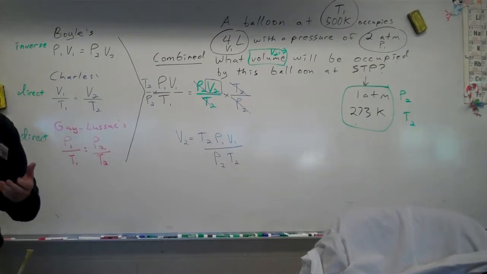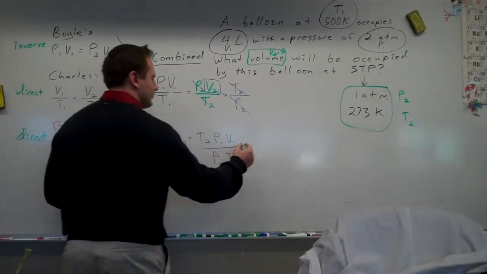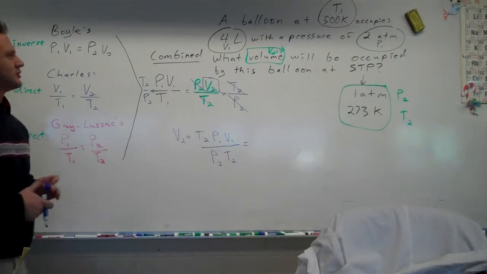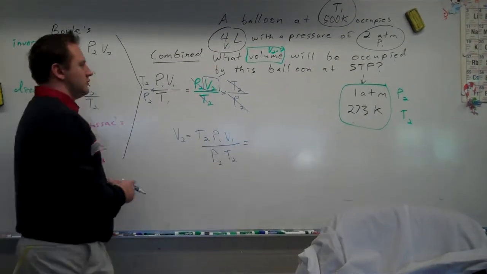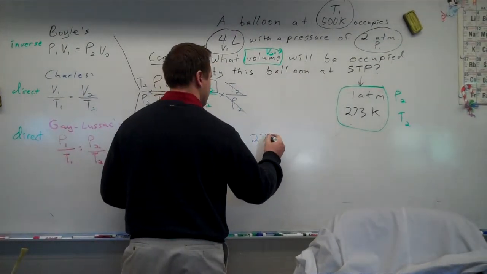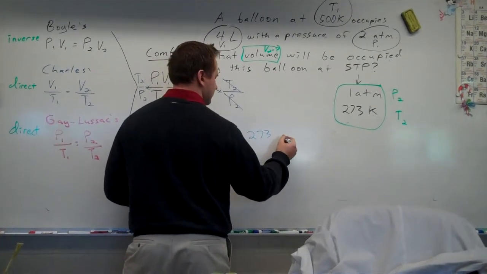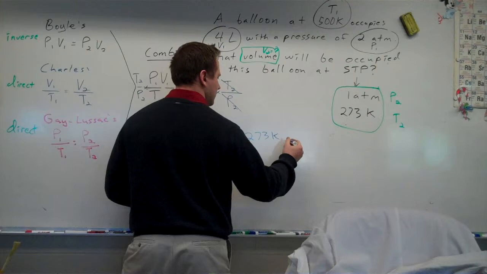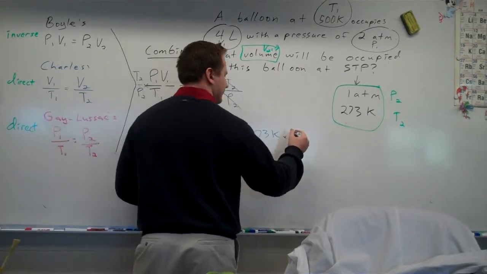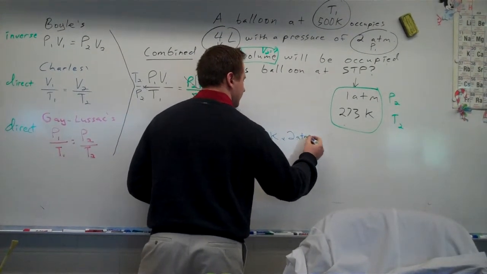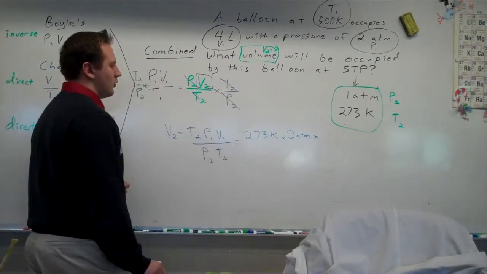Then at this point what you can do is plug in all the variables that you have in order to solve the equation. So T2 is 273 Kelvin, P1 is 2 atmospheres, and V1 was 4 liters.